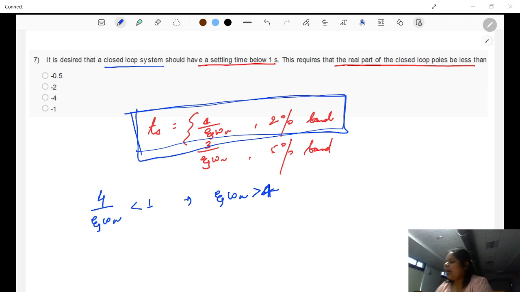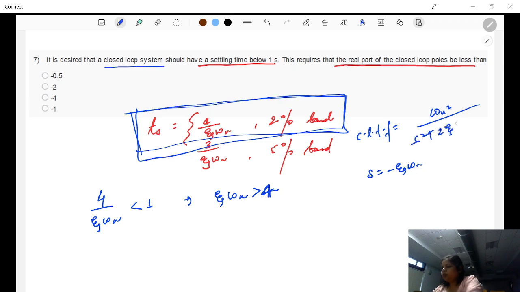Now, when we had studied this, we had a characteristic equation and we wanted to find out the poles for a second order system. The closed loop transfer function that we have seen was omega n square upon s square plus 2 zeta omega n s plus omega n square.